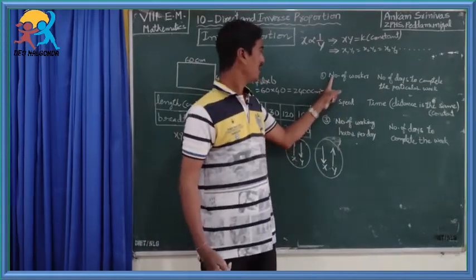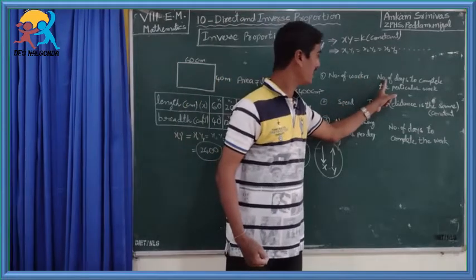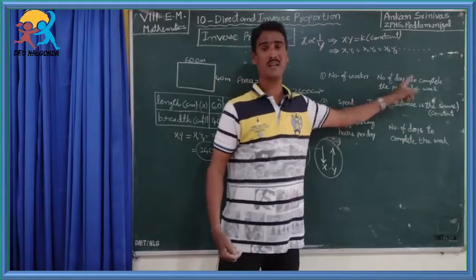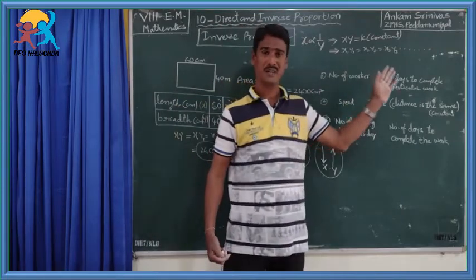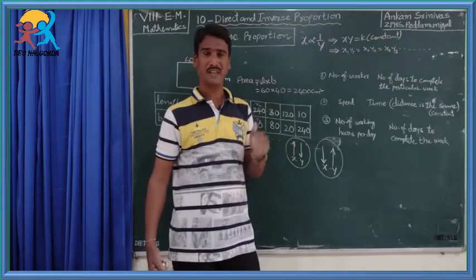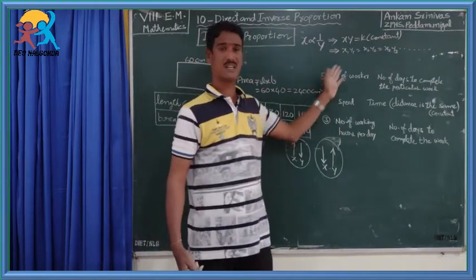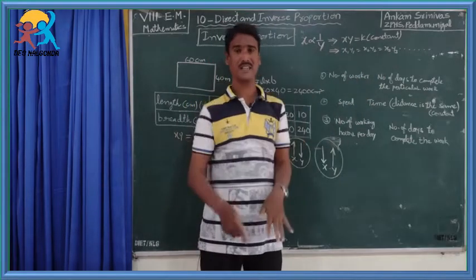Number one, number of workers, and second quantity, number of days to complete the particular work. If there are more workers, the number of days to complete will be decreased. If we increase the number of workers, then the number of days to complete the work will be decreased.